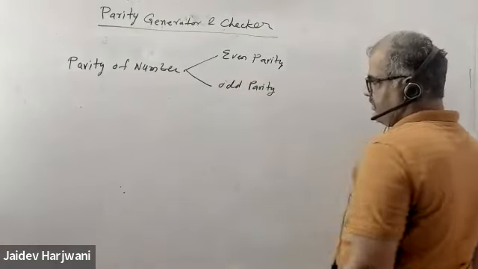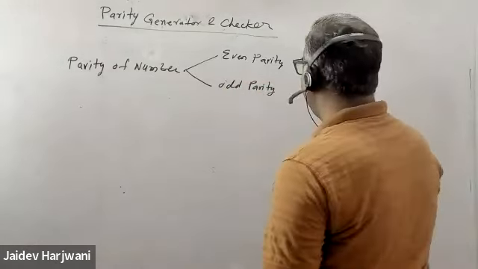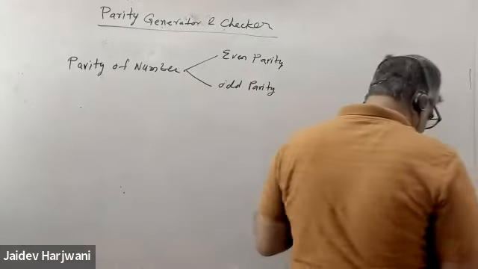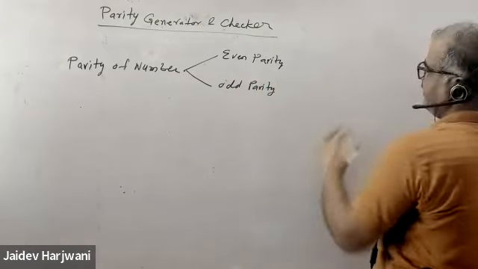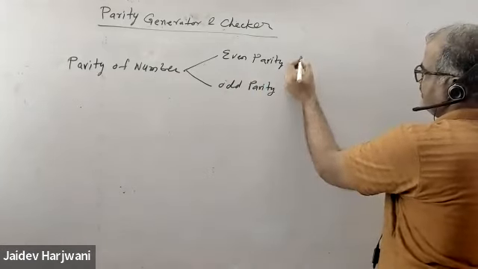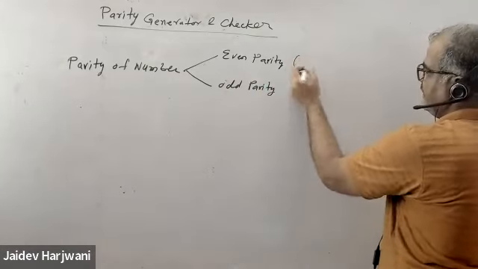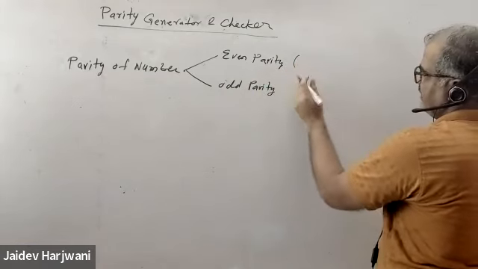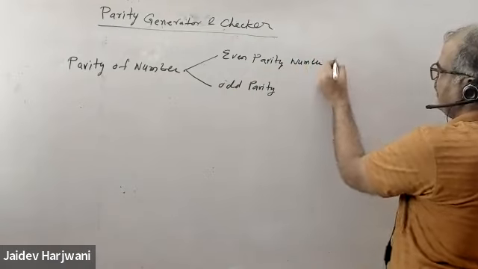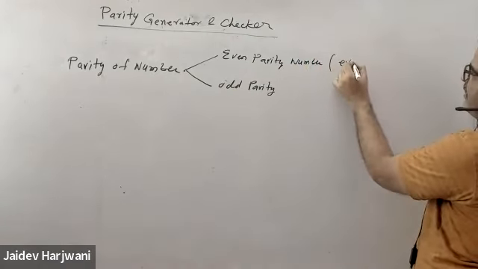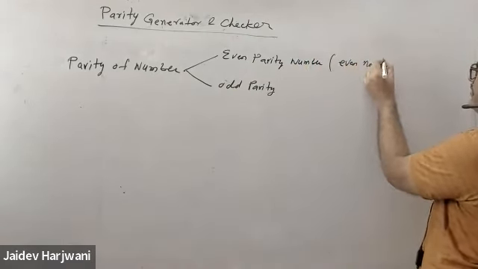So what do you mean by even parity? Even parity means a binary number that has an even number of ones. Even parity number means it has an even number of ones present.